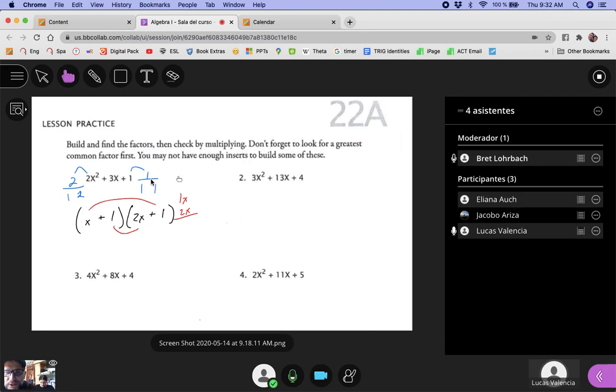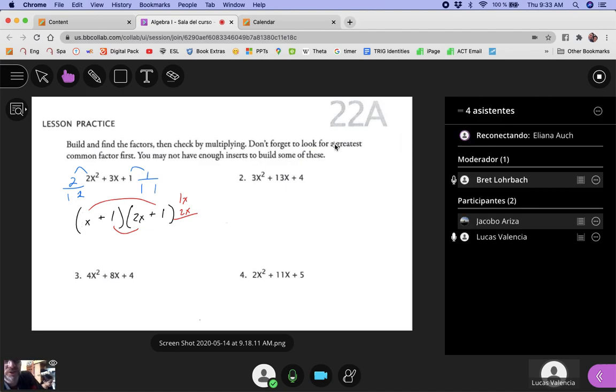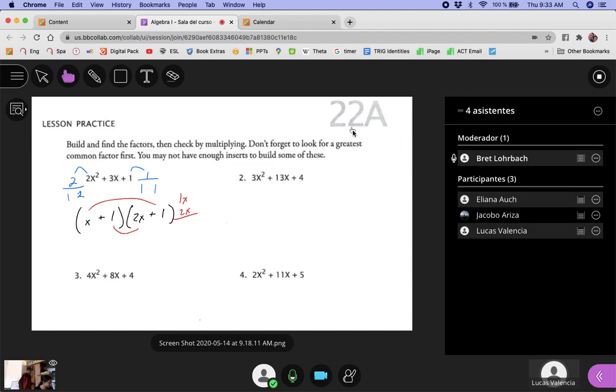Oh, okay. So we have to do factors of the first term the same way we did factors of the third term. Yeah. Now that's lesson 22. It's the same as lesson 21, except a little bit harder, without drawing, with the building.